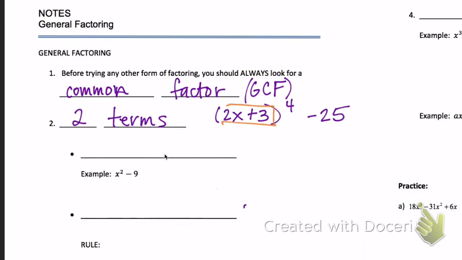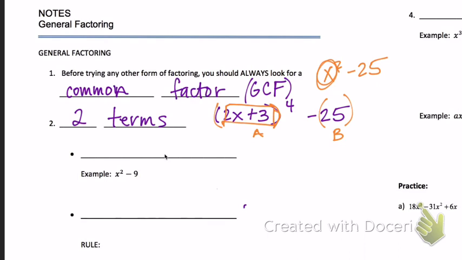Because the first part is in parentheses, you can treat it as 1 term, so this would be term A and this would be term B. Just because you have something in parentheses to an exponent, you can still treat it as 1 term. It doesn't always have to look like x squared minus 25. So difference of squares may look different, so always be on the lookout.